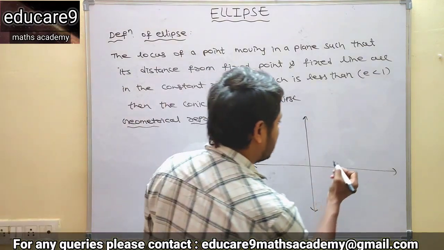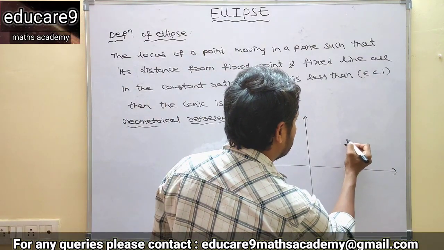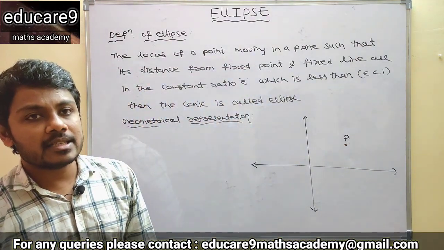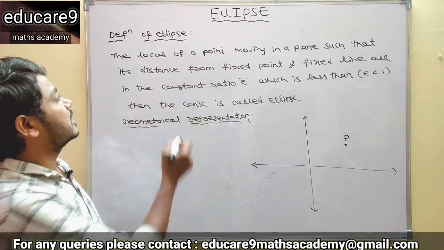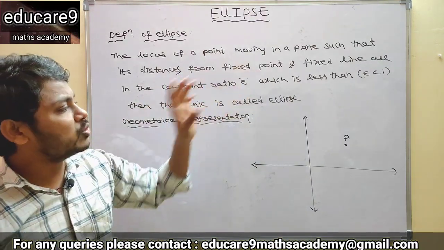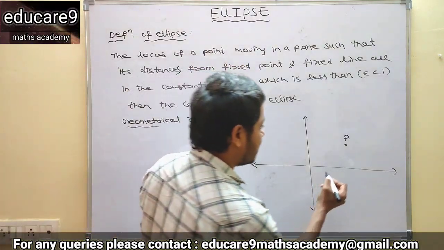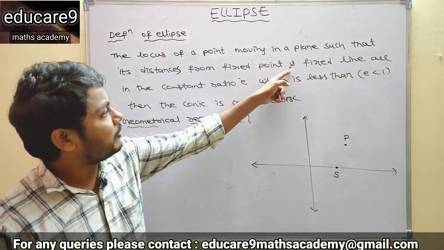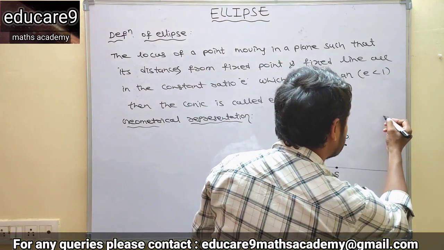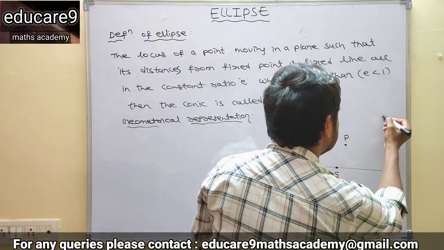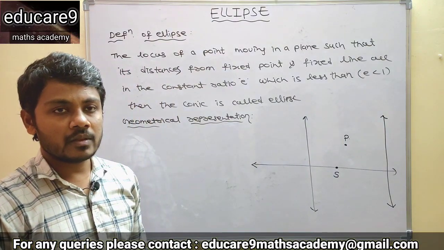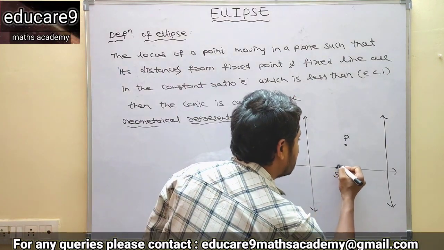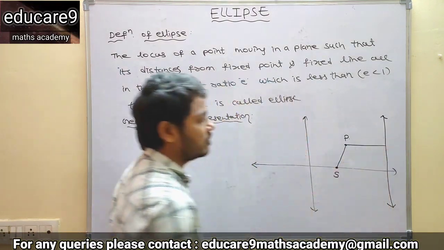Suppose this is the point P. This point is moving in a plane such that its distances from a fixed point, suppose S is the fixed point, and a fixed line, suppose this is the fixed line, are SP and PM.